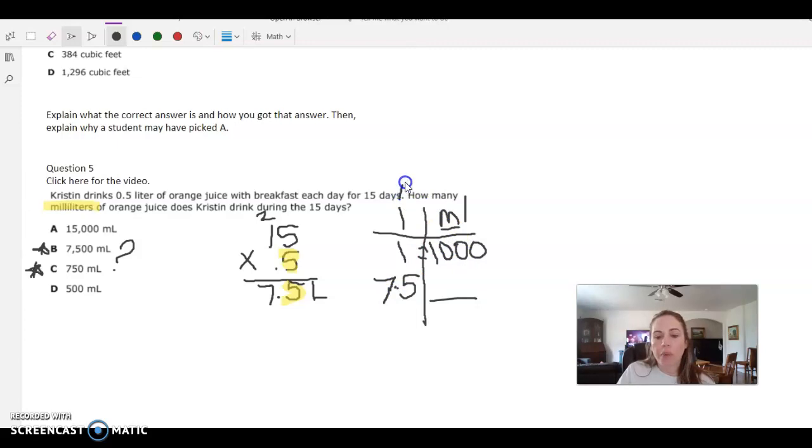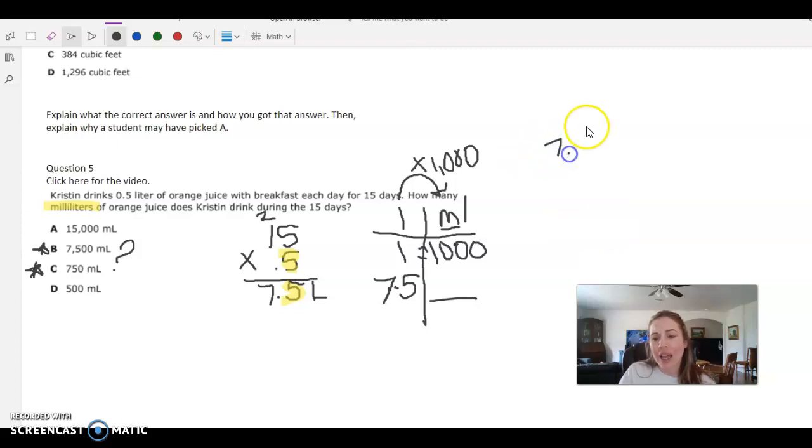So if we go from big to small, we know we multiply. Because what did I do to 1 to get 1,000? Well, I didn't divide, I multiplied by 1,000. Which means I need to do the same thing to my 7 5/10.